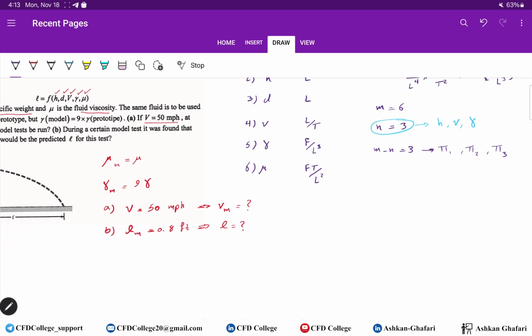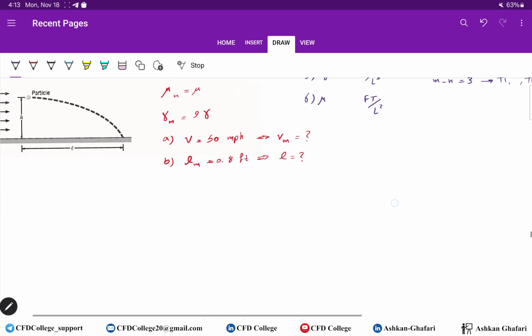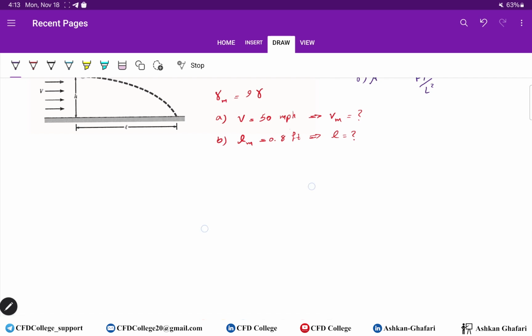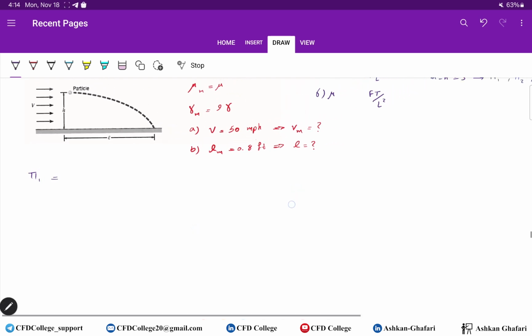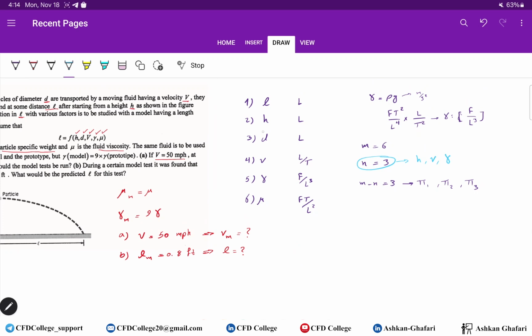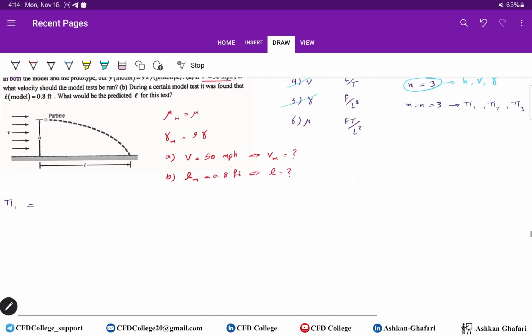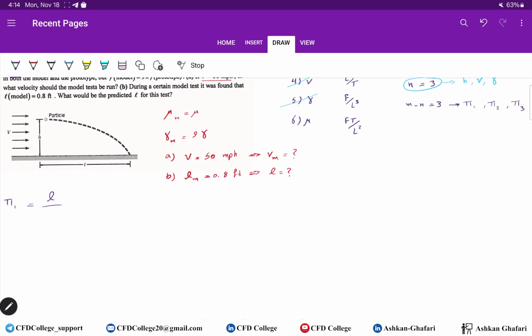So now we can find pi 1, pi 2, and pi 3. For pi 1, H is picked, V is picked, gamma is picked. The first one is L, and it's easy because we have H for this unit.